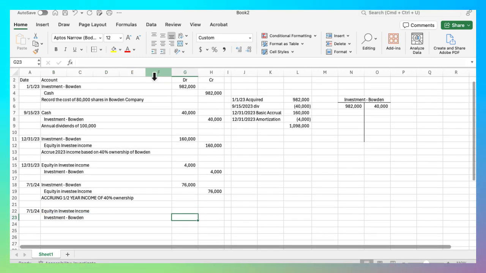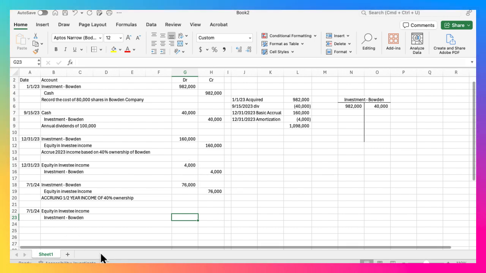Okay, now we got to figure out the amount. Well, that's easy, right? We know that they're going to have $60,000, right? We know that it lasts 15 years, or that's a useful life of 15 years. So we had 4,000 for the whole year.